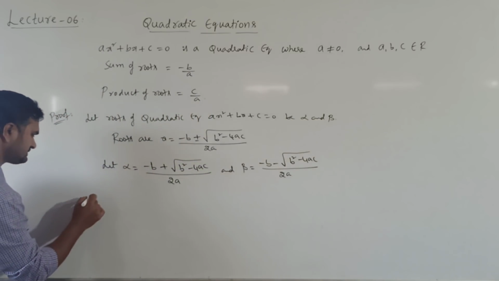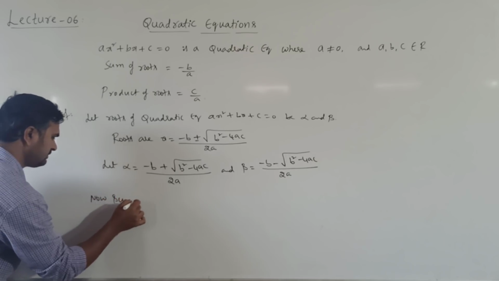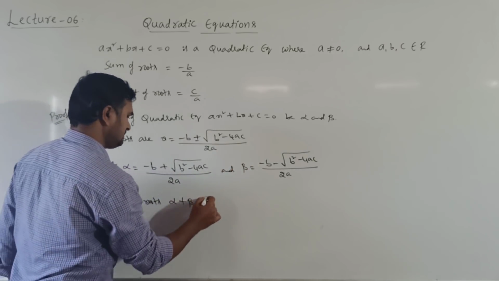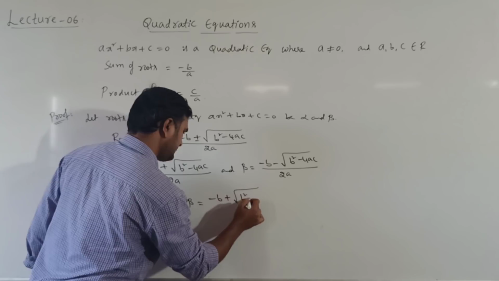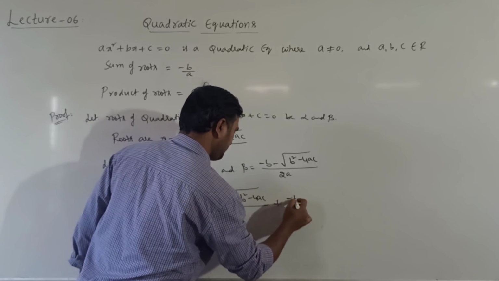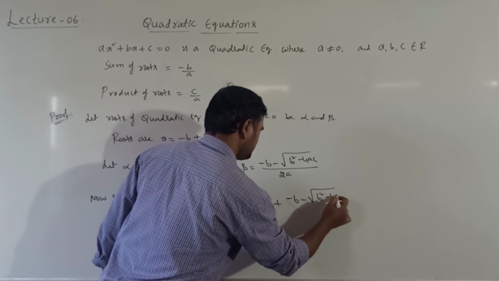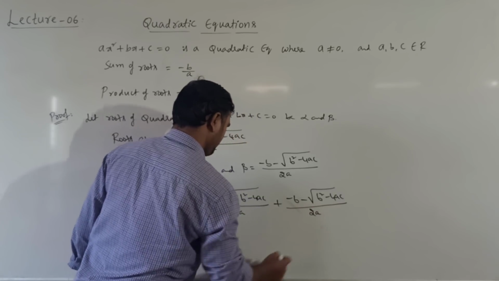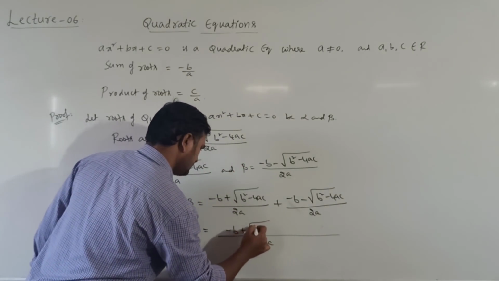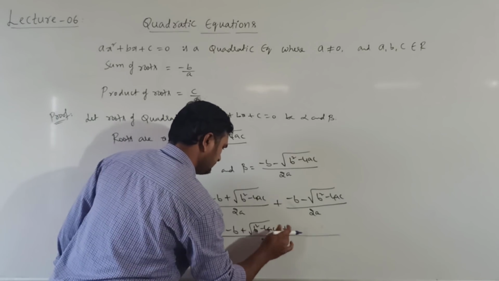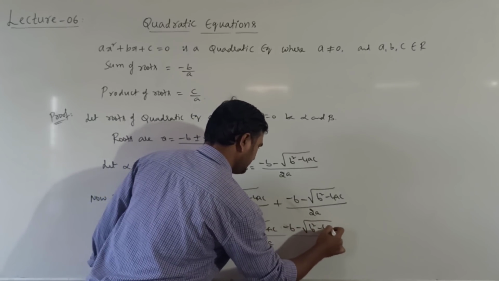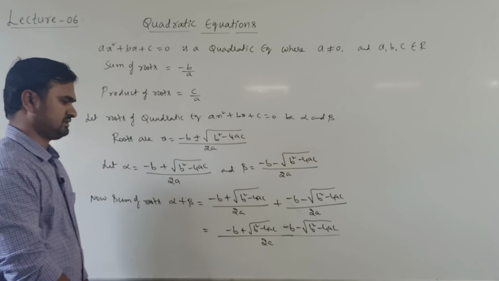Now what is the sum of roots? The sum of roots is nothing but alpha plus beta. Add these two: minus b plus root of b square minus 4ac by 2a, plus minus b minus root of b square minus 4ac divided by 2a. The LCM is 2a: minus b plus root of b square minus 4ac, adding minus b minus root of b square minus 4ac, total divided by 2a.